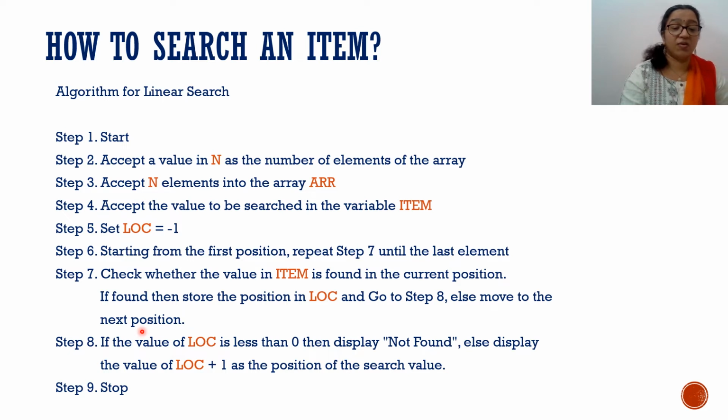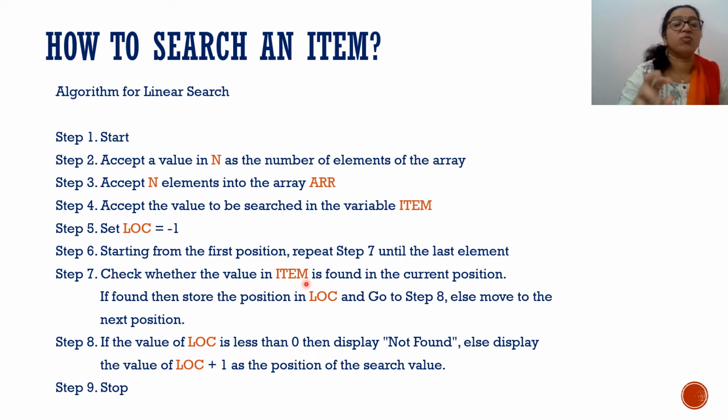Okay. So here what we are doing in step 7. In step 7, the item variable is compared to the 0th element. If it is okay, then we can find the position of that one and store it in the LOC variable. If it is not, we can move on to index number 1, and check that one. Is that value equal to item? If it is okay, we put that 1 as the location.